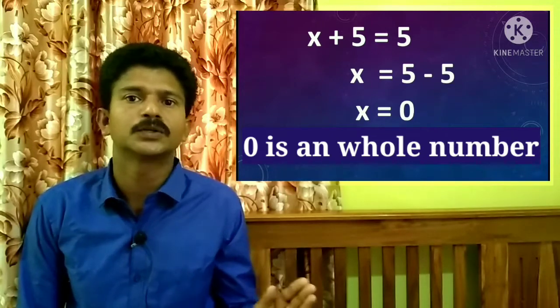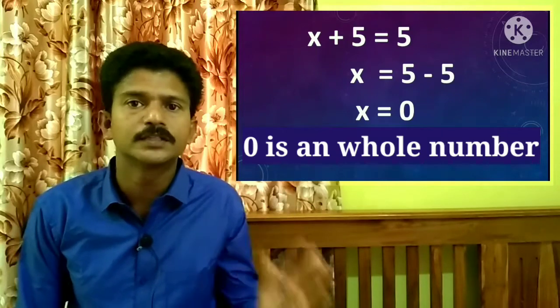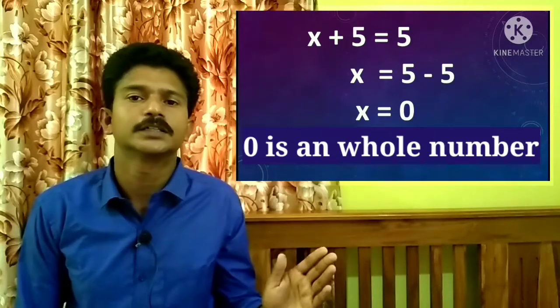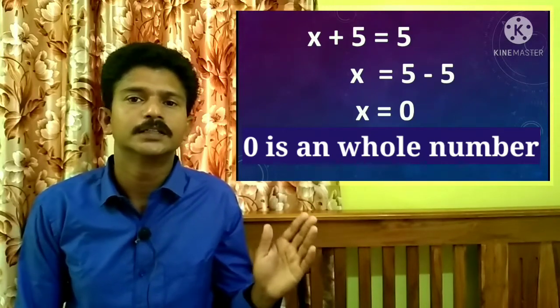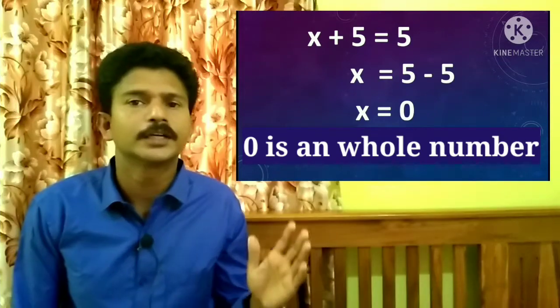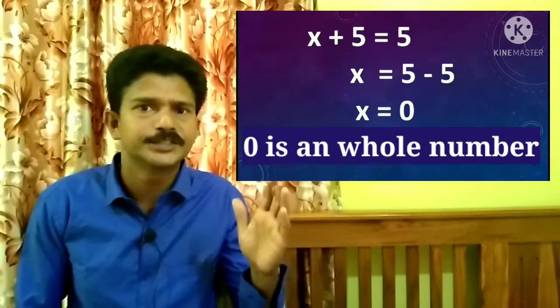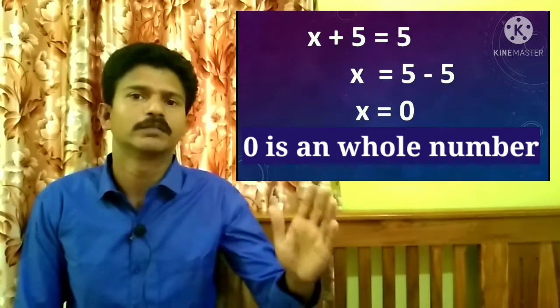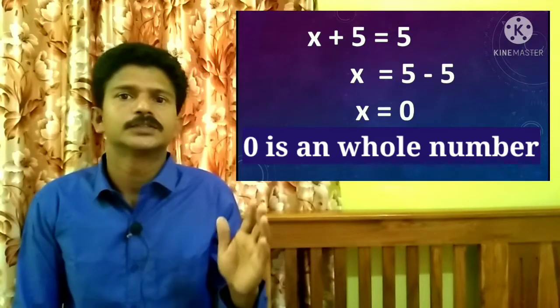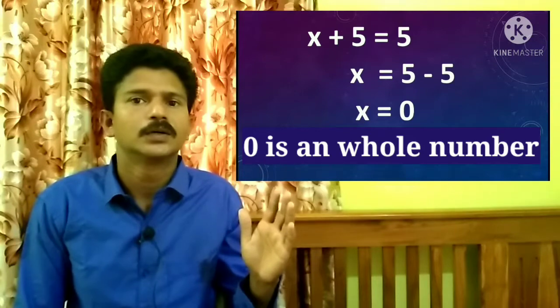So the 0 here is the solution. For solving this equation, we need 0 as a solution. So we need a number other than the natural numbers for solving this equation. So here the 0 is a whole number.